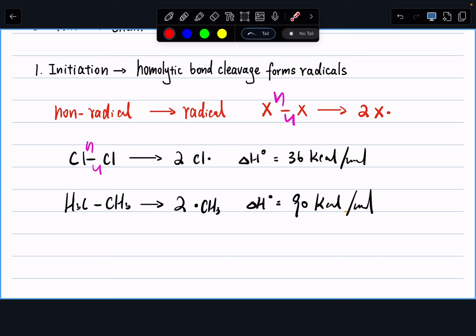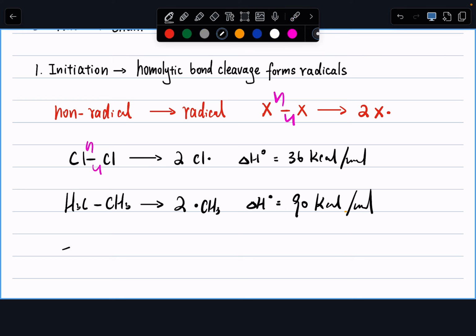It means when light is shone into my reaction mixture, you have the choice of breaking the carbon-carbon bond, the carbon-hydrogen bond, or the chlorine-chlorine bond. Or we can also write out the breaking of your carbon-carbon bond.